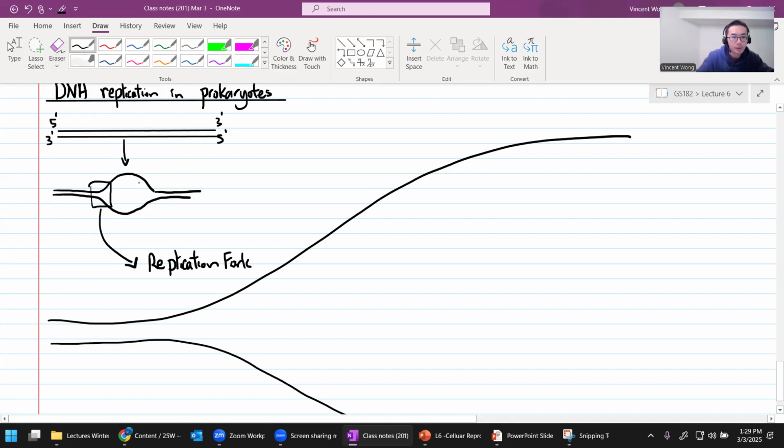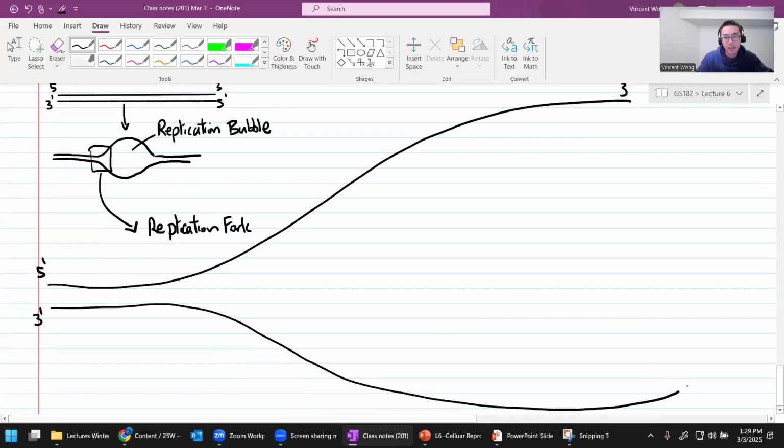So this bubble is called a replication bubble. And we're looking at one side of that bubble, which is called a replication fork. Now the number still stays there. This is 5 prime and all the way to 3 prime. And then on the other side is 3 prime to 5 prime.